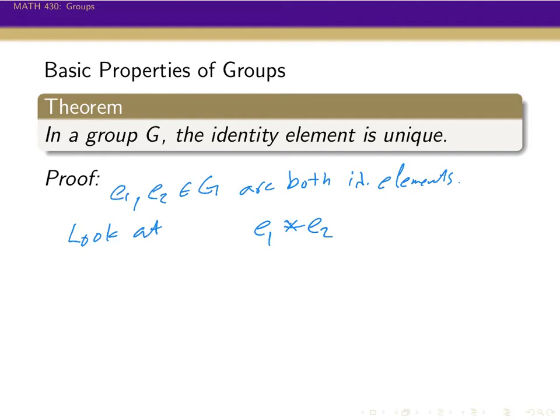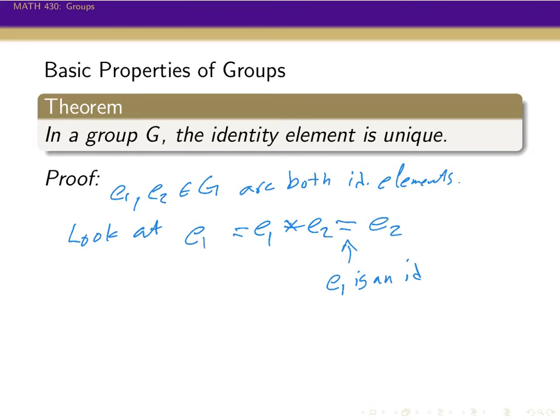Now, on the one hand, E1 is an identity element, and so if I apply it to E2, that's not going to change E2. And so that's going to equal E2, and this is coming from the fact that E1 is an identity element. On the other hand, since E2 is an identity element, and I apply it to E1, that's not going to change E1.